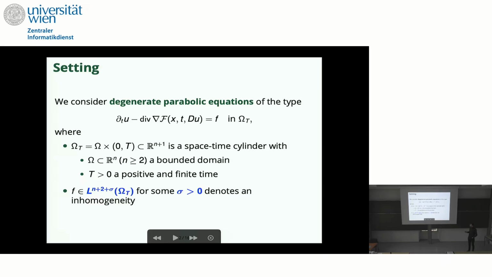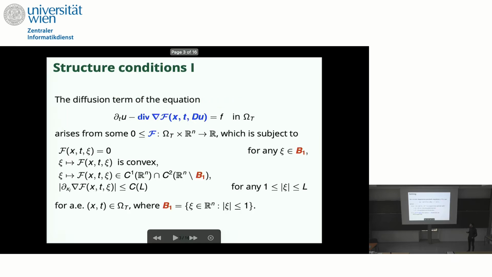Okay, note that the vector field in the diffusion term of the equation is provided as the gradient of some function F. And this function F, a non-negative function, is of course assumed to satisfy certain structure conditions. First of all, we assume that F is constantly equal to 0. So F vanishes entirely for any gradient variable in some ball, let's say the ball with radius 1, the unit ball.